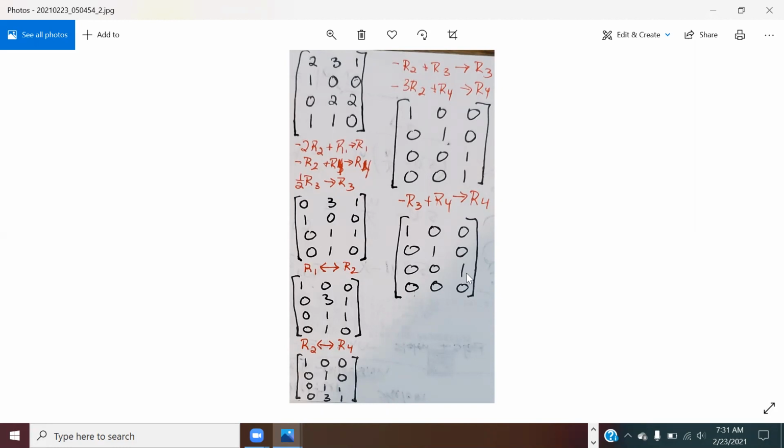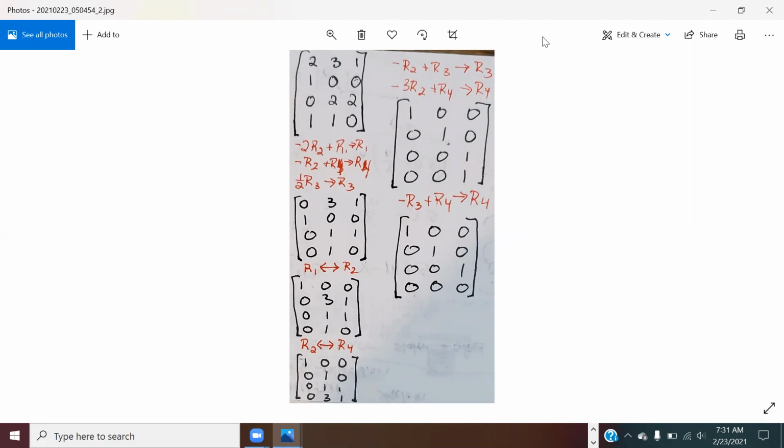And this indeed is going to give us one solution. The one solution, of course, is C1 equals 0, C2 equals 0, and C3 equals 0. Don't forget there's a column of zeros here.